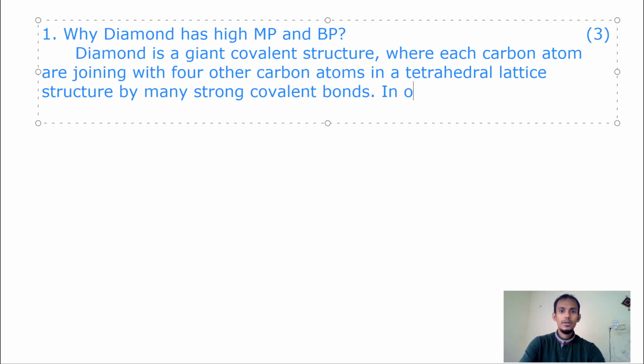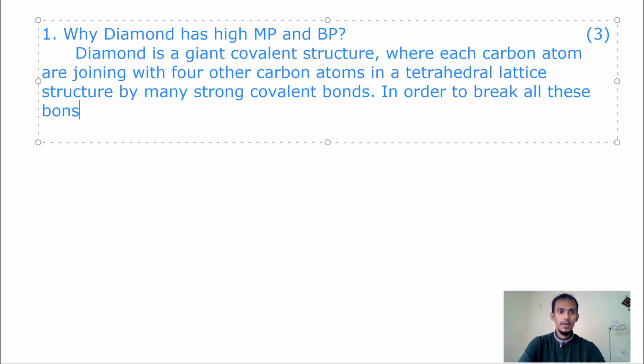So in order to break all these strong covalent bonds, we need high energy. High energy means a large amount of heat is required.